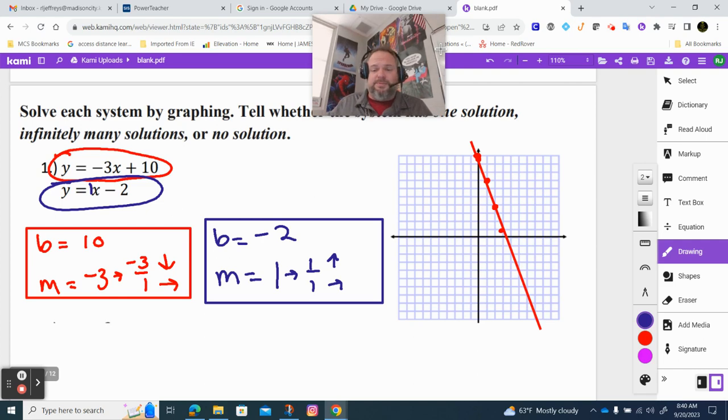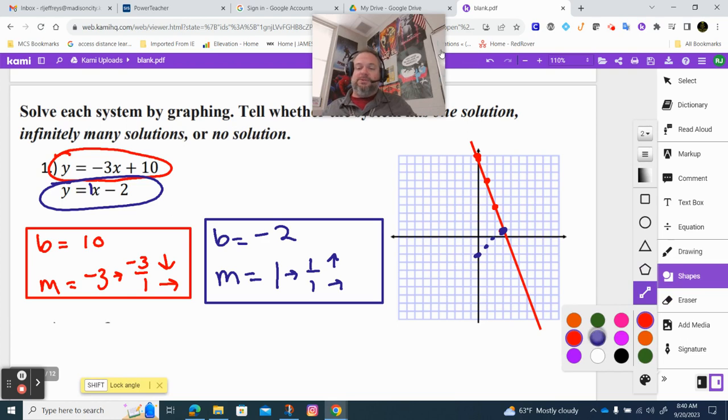So we go to -2, over 1, up 1, over 1, up 1, over 1, up 1. This is also why I like doing the slope out a little bit with these little dots. It will actually help me find the spot before my line, because we know Mr. Jeffries cannot do very good with lines.